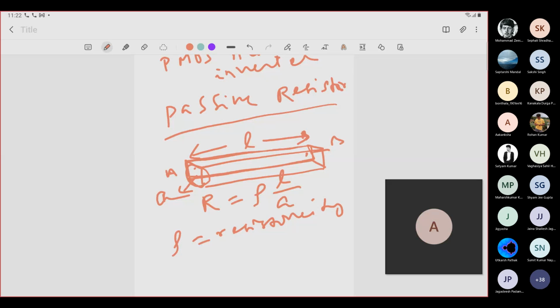Resistivity is a constant for a particular material.